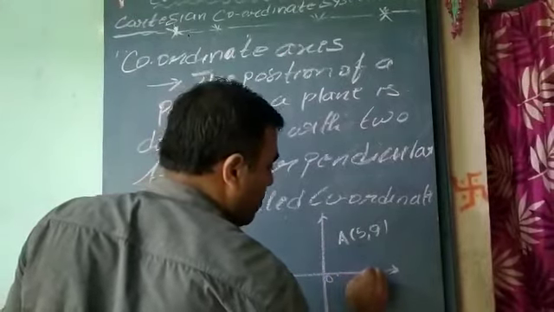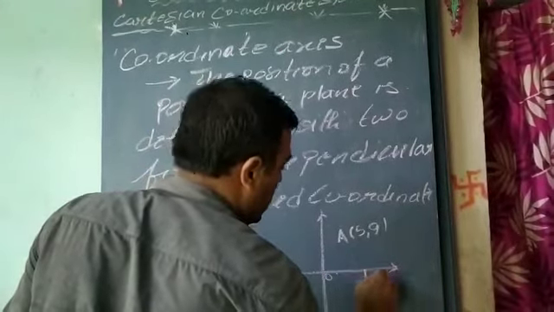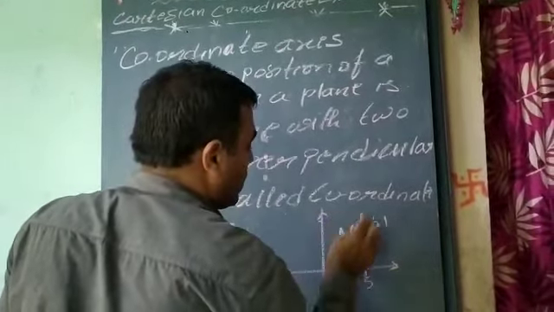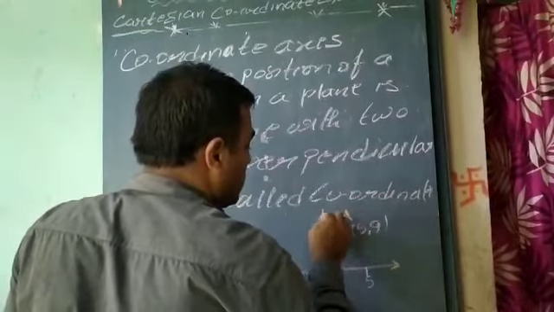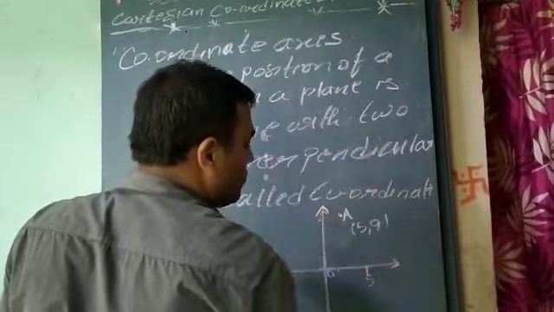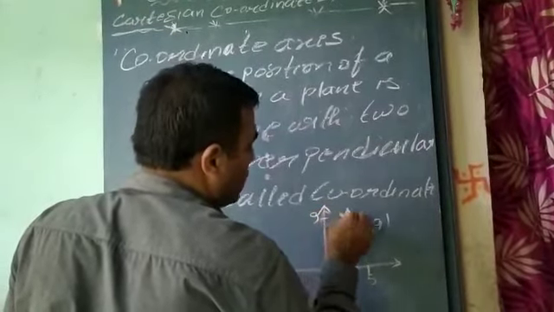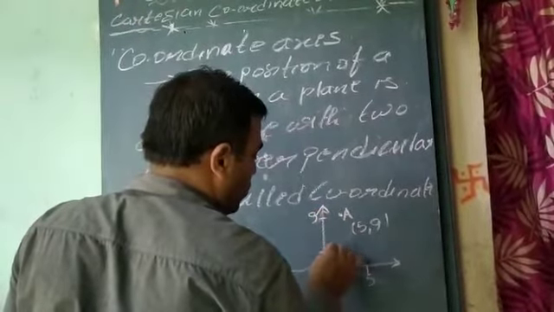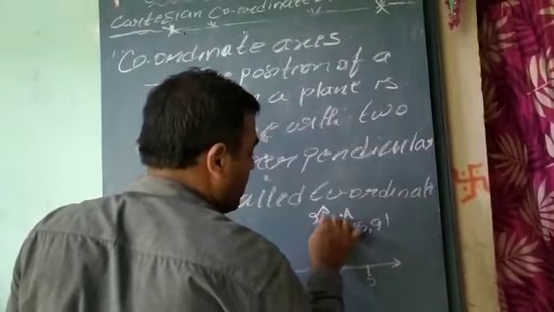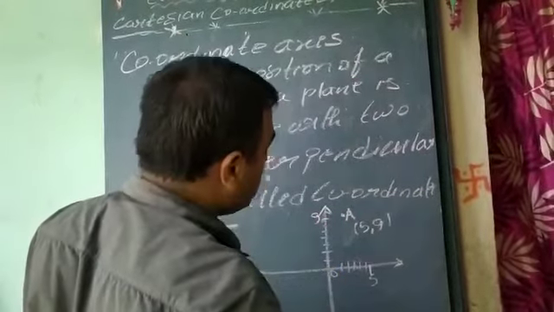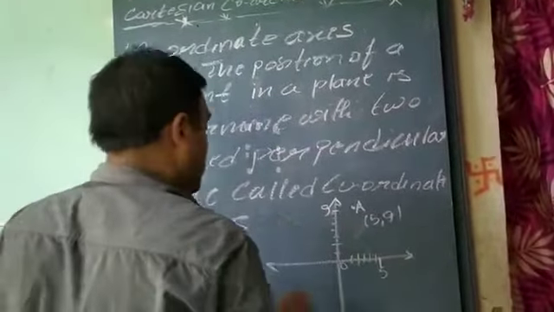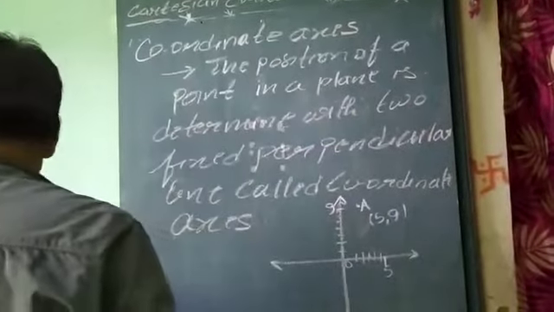Here it is 5 and here it is 9. From 1, 2, 3, 4, 5, 6, 7, 8, 9, and 1, 2, 3, 4, 5. So it is a coordinate axis.